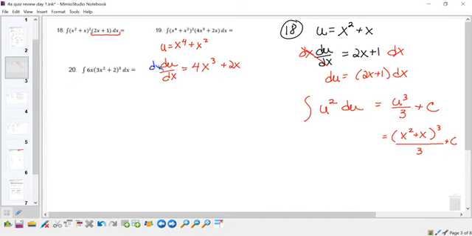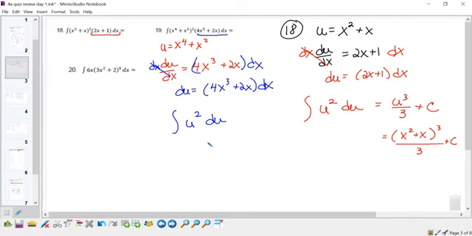And if I multiply dx to the right, I get du is 4x cubed plus 2x times dx, which matches this. So I've got the integral of u squared du. Oh, matches here. Okay, which is u cubed over 3 plus c. Put the u back in.